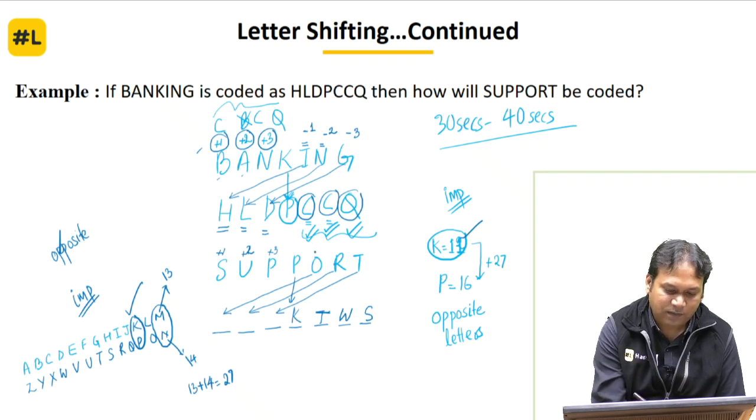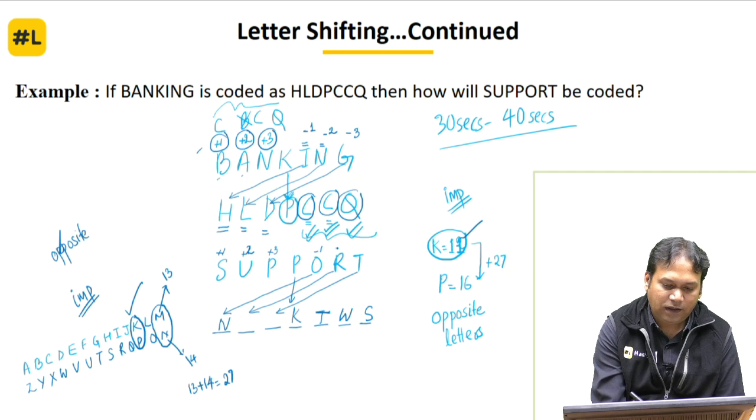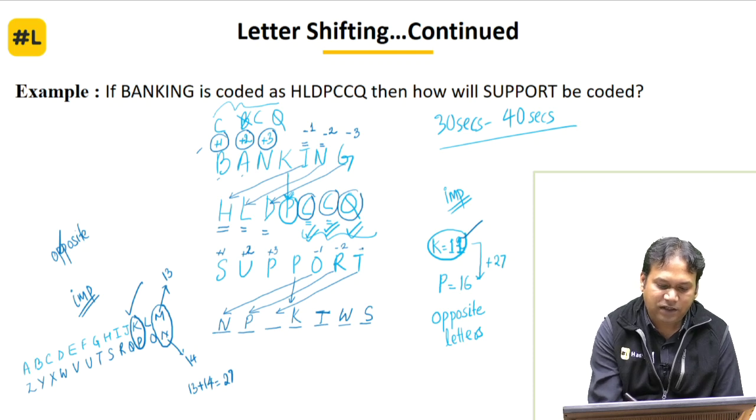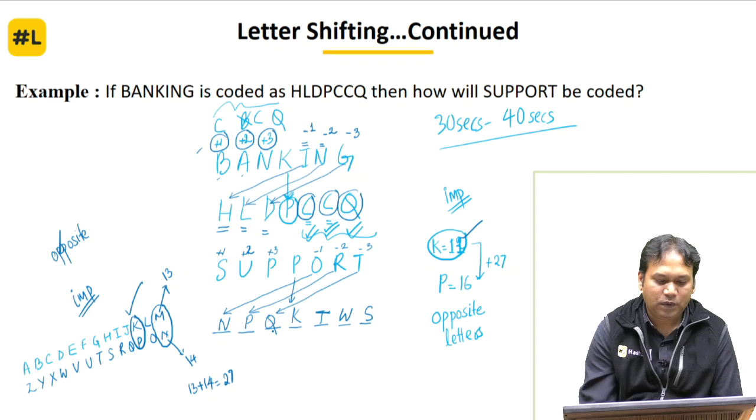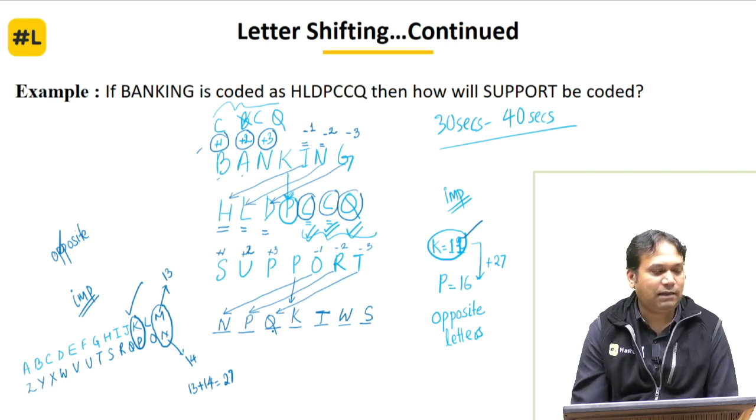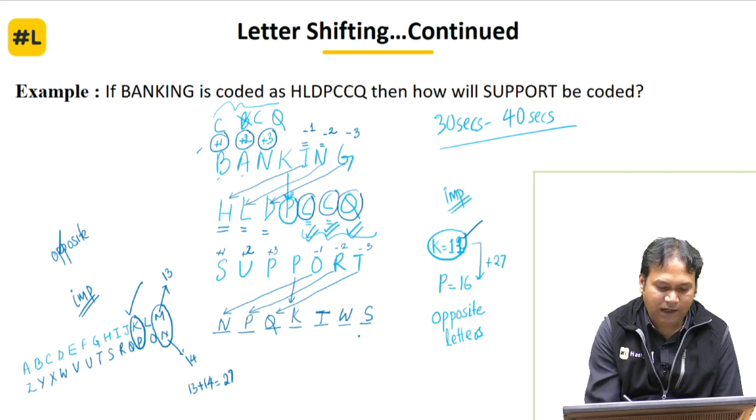First one minus 1, M, N, O, then we have minus 2, P, Q, R and minus 3, S, R, Q, N, P, Q, K, T, W, S. Look at the answer, N, P, Q, T, W, S.